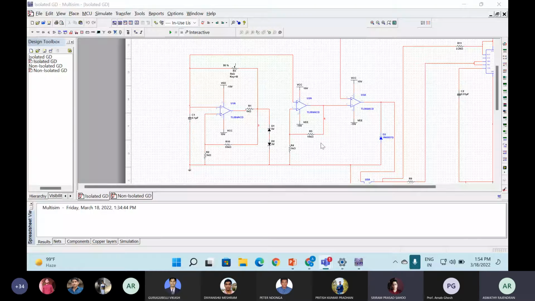The first op-amp gives the square wave, and the second one gives a triangular waveform.